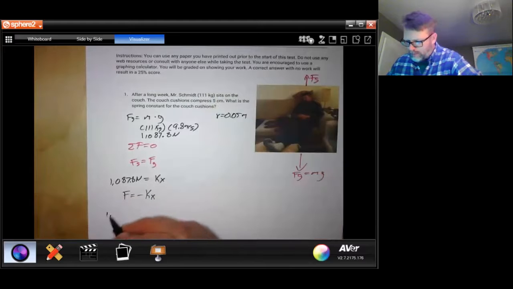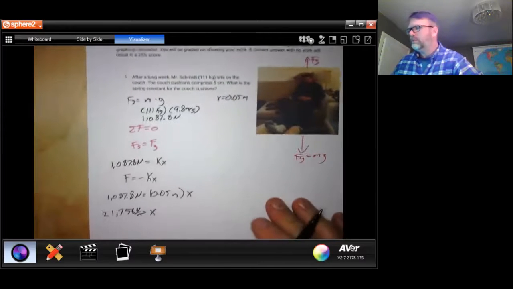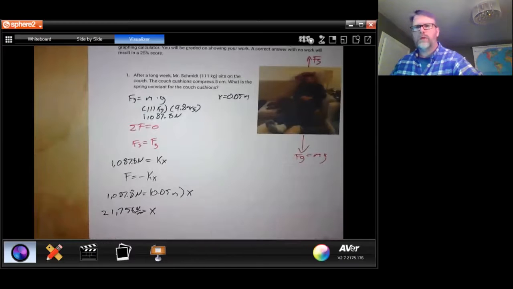So we have our, and that gives us our spring constant of. So that one was pretty straightforward to set up going into the rest of the test.